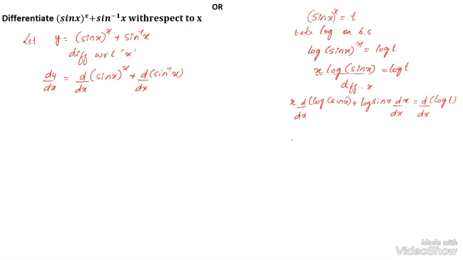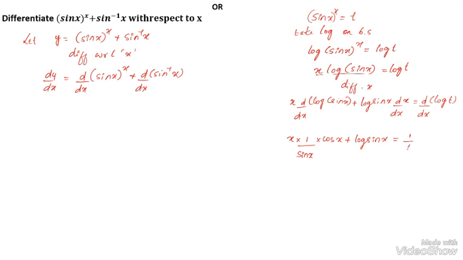Here, while differentiating, differentiation of log x will be 1 by x. Here, log of sin x, in place of x we have sin x, so 1 divided by sin x. Differentiation of sin x will be cos x, plus log of sin x. Differentiation of x with respect to x will be 1.